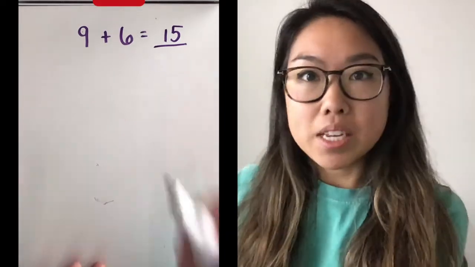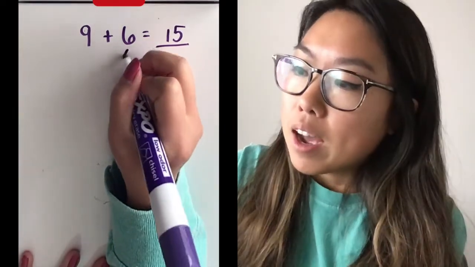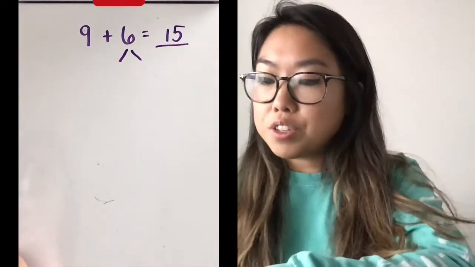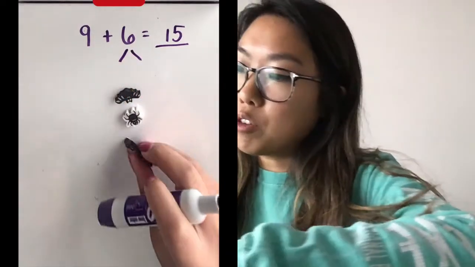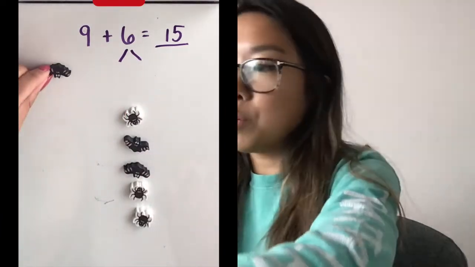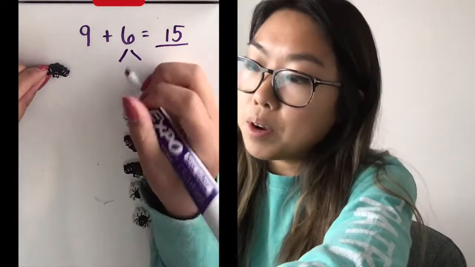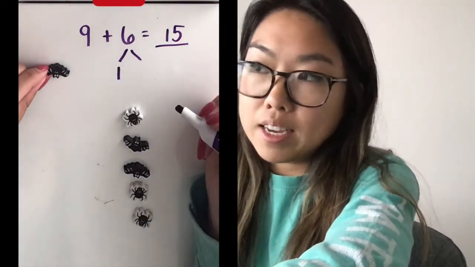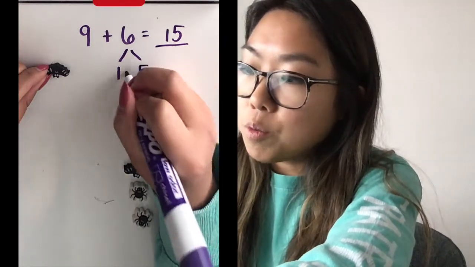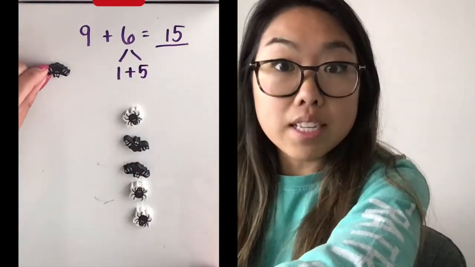One of the ways we can do that is by thinking that 6 can be separated and moved into 2 different numbers, just like what I did before. I had 6 and I moved 1. So I know I'm moving 1 to make this a 10, and I have 1, 2, 3, 4, 5 left. So 1 plus 5 equals 6.